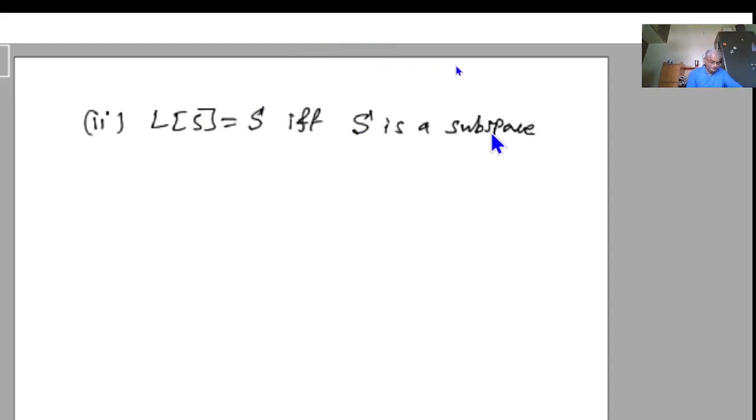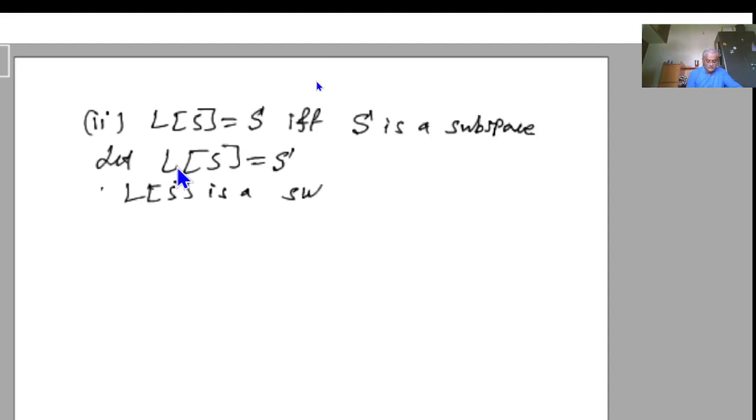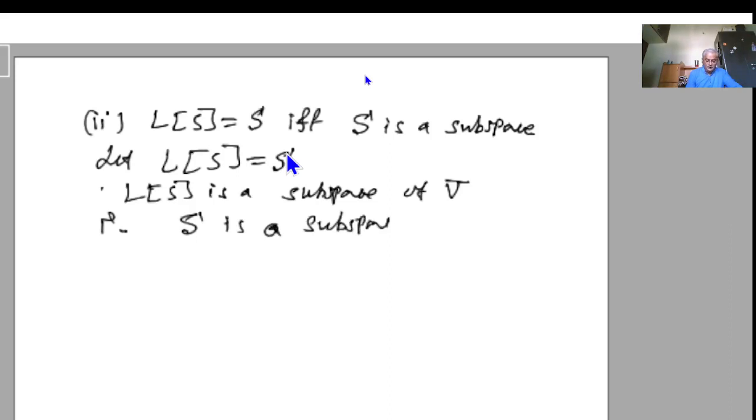So here, let L of S be equal to S. And already we have proved that L of S is a subspace of V. So L of S is nothing but S. That is, S is a subspace of V. So this is one way.